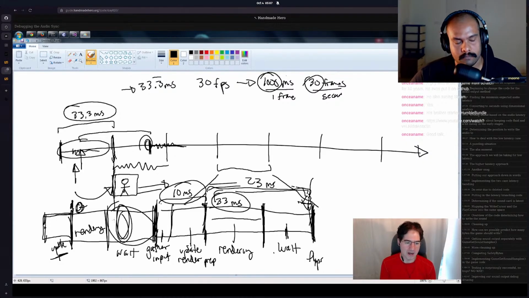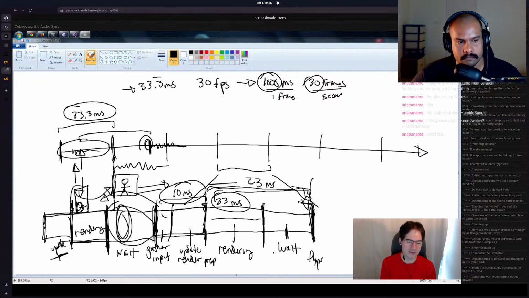And furthermore, if we take this render period and overlapped and started the update for the next frame here, right? So this is where the gather input happens. So we basically overlap the gather input and update for the next frame with the rendering of the previous frame.